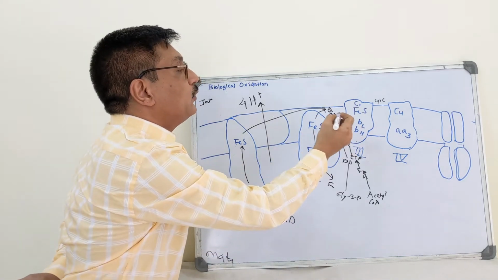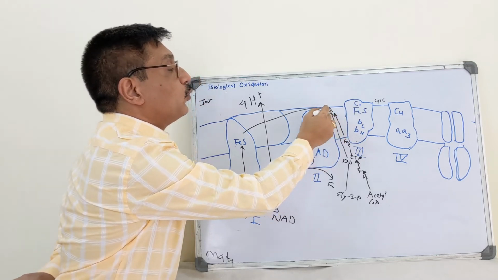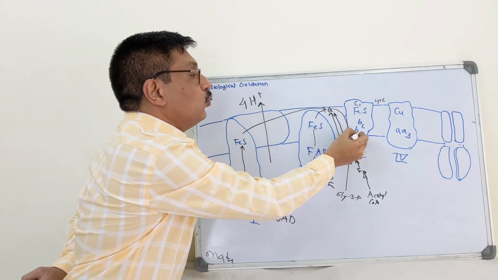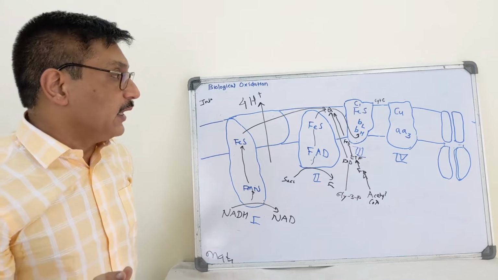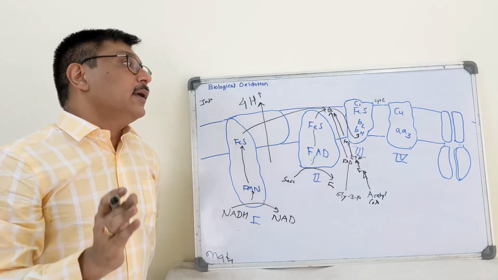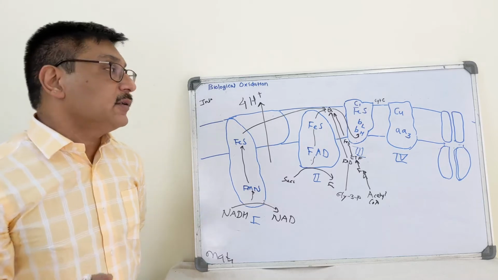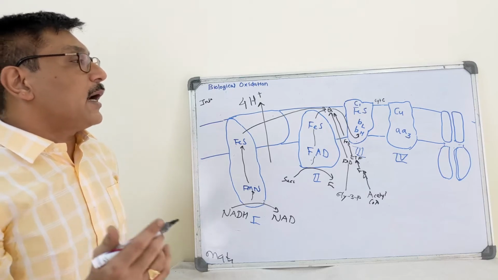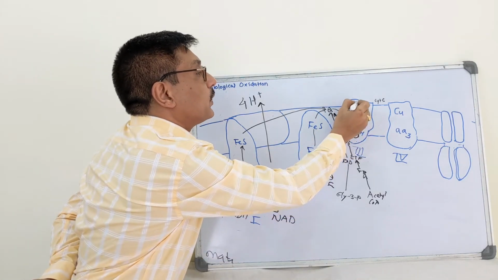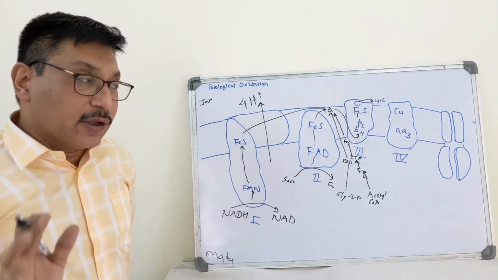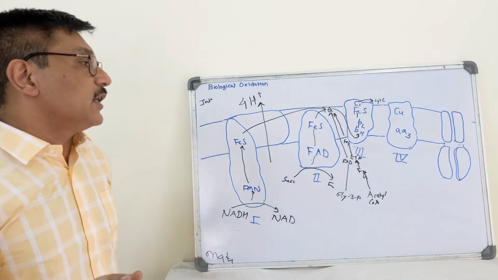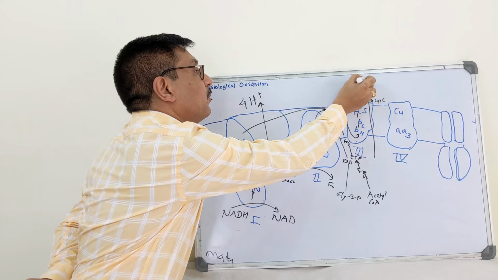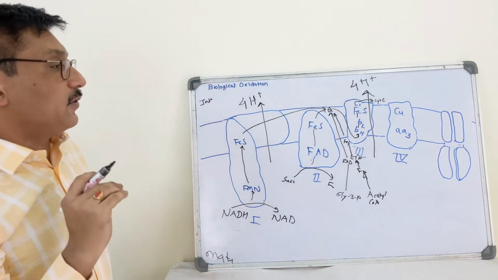Now electrons are transported to cytochrome C from coenzyme Q. The reduced coenzyme Q will transfer electrons to cytochrome BH in complex 3, then cytochrome BL, then various iron sulfur centers, then cytochrome C1. And from cytochrome C1, the electrons are transferred to cytochrome C. This exergonic reaction generates sufficient energy so that it will pump out 4H+ ions from the matrix to intermembrane space.